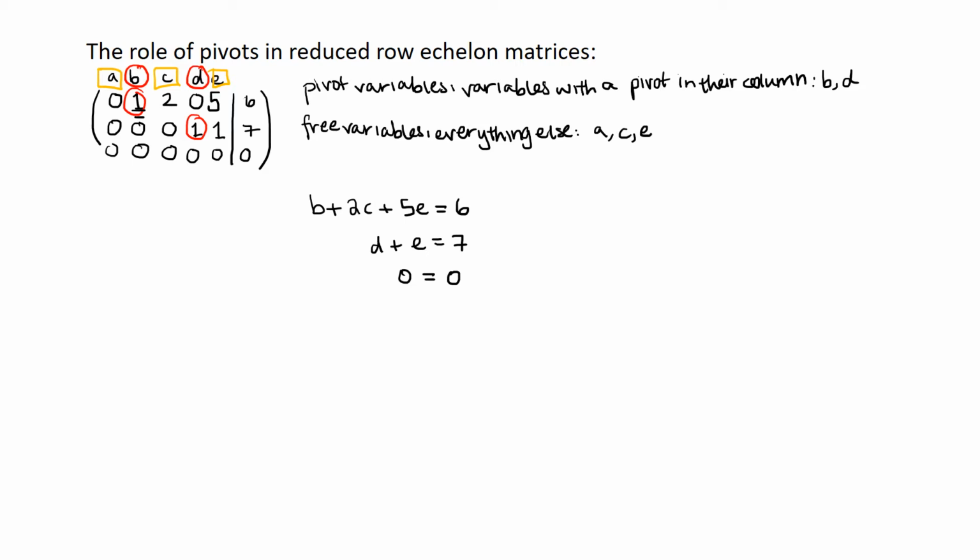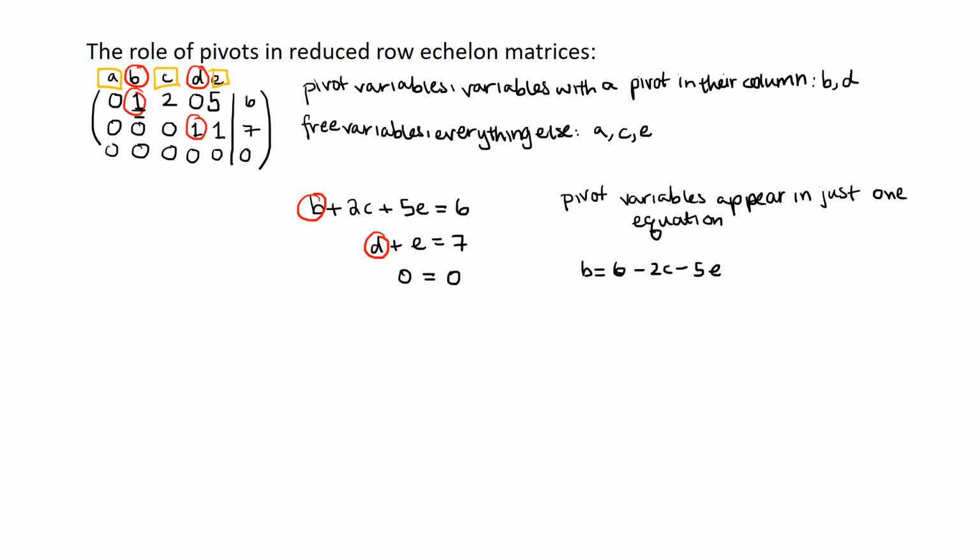What that means for us in our system is that the pivot variables occur only once, in just one equation. So if we solve for those pivot variables, in this case that would look like B equals 6 minus 2C minus 5E, what we see is that the pivot variables can be expressed as functions of things that are not pivot variables, of the free variables.